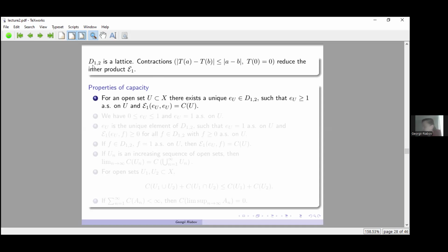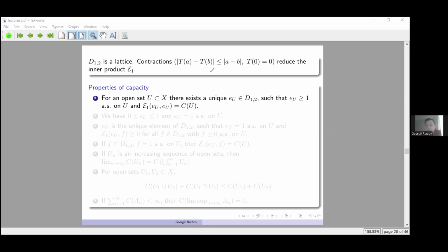So first of all, we know that the space D is a lattice, which means that we can apply Lipschitz functions to the elements of D and get again elements of D. And mappings T such that T of 0 is equal to 0 and the increment of T is not greater than the increment of arguments.